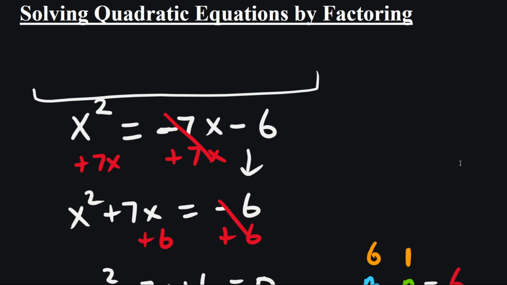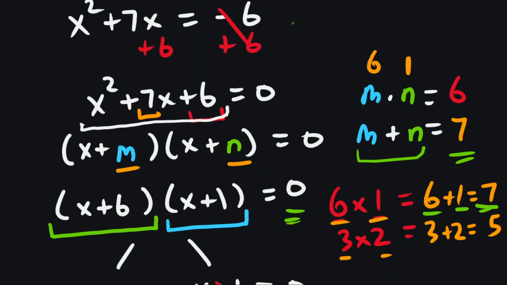And one important thing to keep in mind: in order to factor this, in order to get from this step to this step, our a term right here, which is 1, must be 1. A must equal 1 to go from this step to factoring to this step.